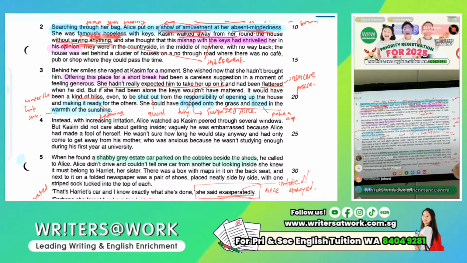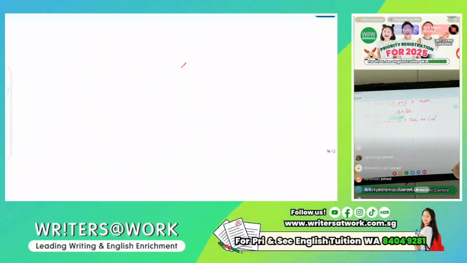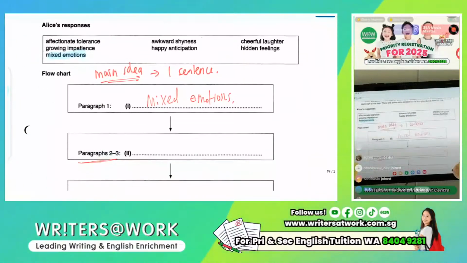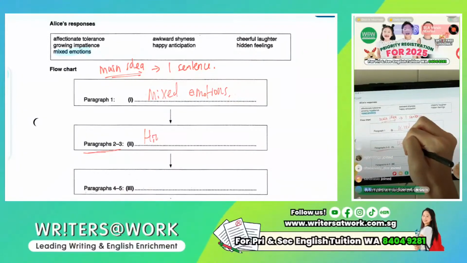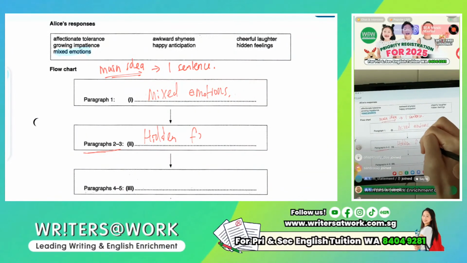So the only thing that we will take note of would be the first sentence of paragraph 2. And this could tell us that she was trying to hide her feelings, because she's trying to laugh, trying to make it seem that losing the keys isn't that serious after all.